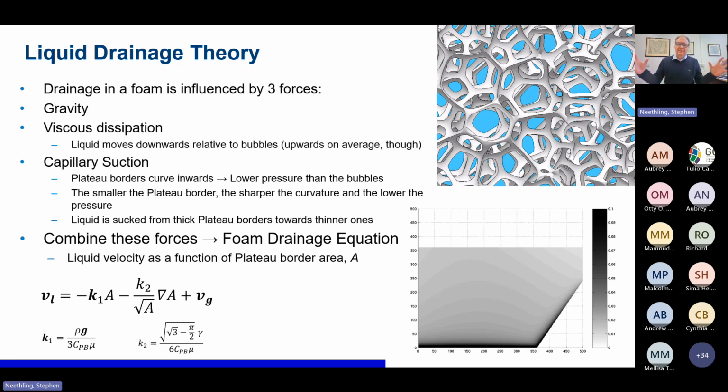And so as the liquid content drops, the curvature gets sharper, and so the capillary suction gets higher. So liquid gets sucked from regions of large plateau borders, so high liquid content regions, towards regions with small liquid content. And of course, gravity is the other dominant force.